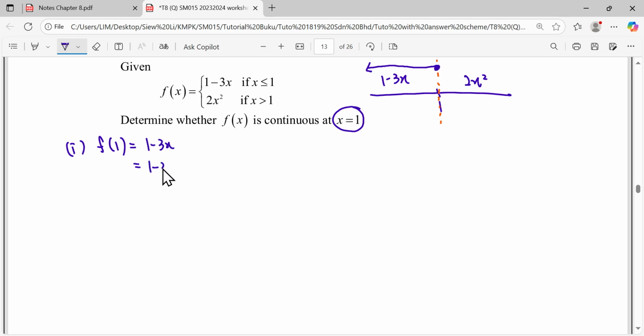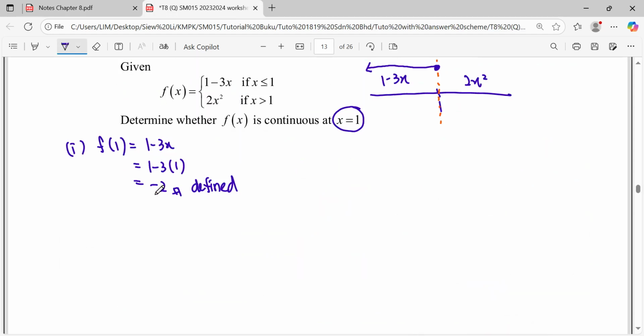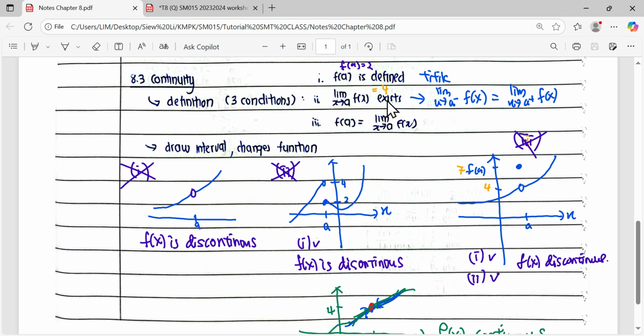Find out the coordinate of this graph. It is -2. So the point is defined. We have to prove it one by one. f(1) is defined, so write f(1) equals -2. Then condition number 2, we need to check whether the limit exists or not.